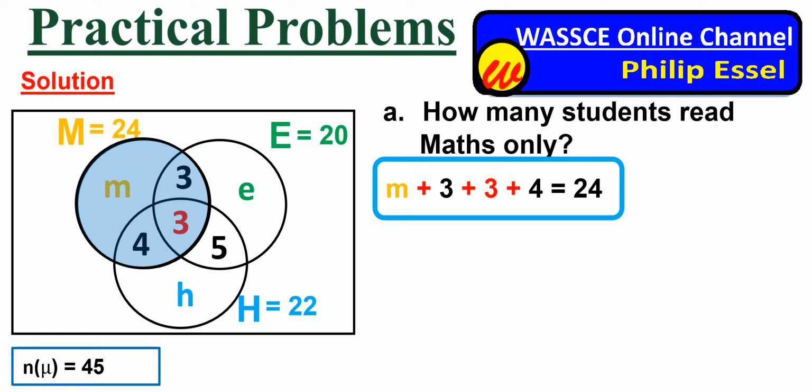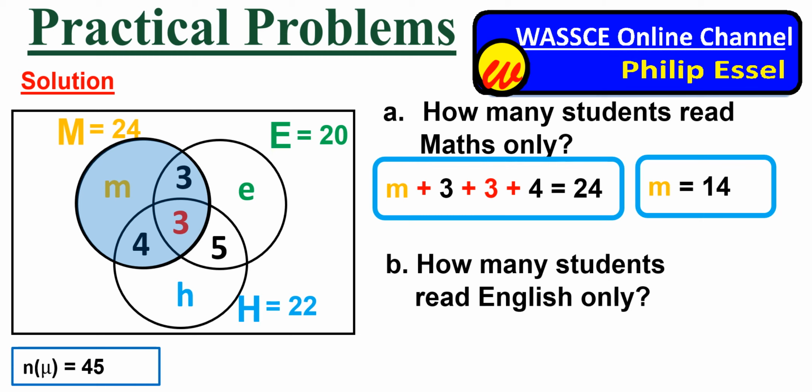So 24 minus 10 will give us 14. That means that the value of m is 14. Therefore, the number of students who read only mathematics or math is equal to 14 students.